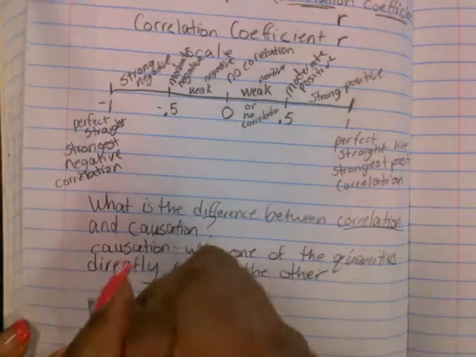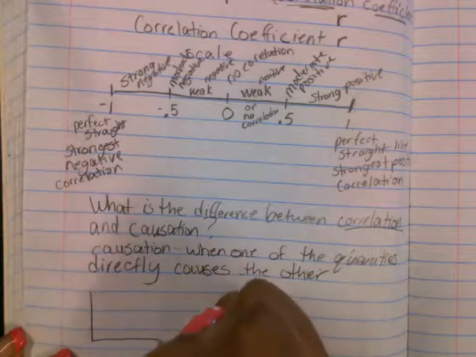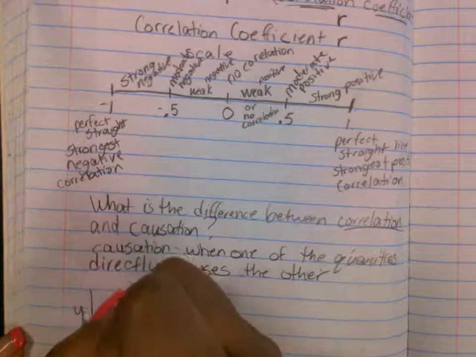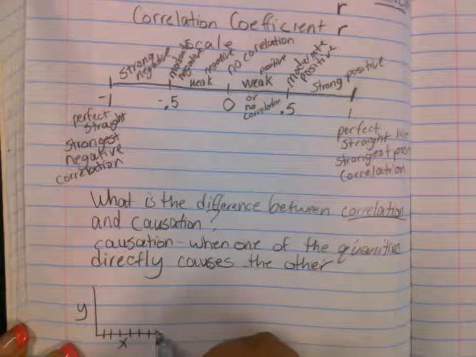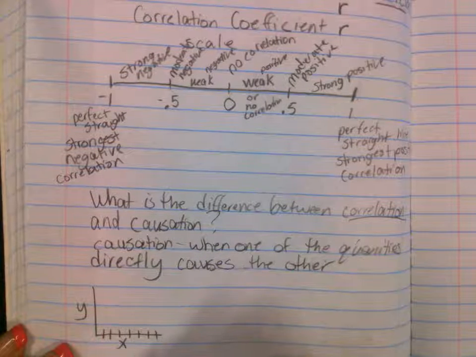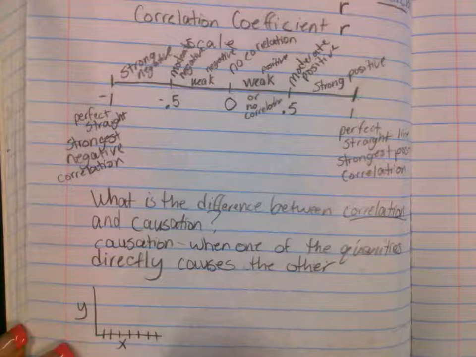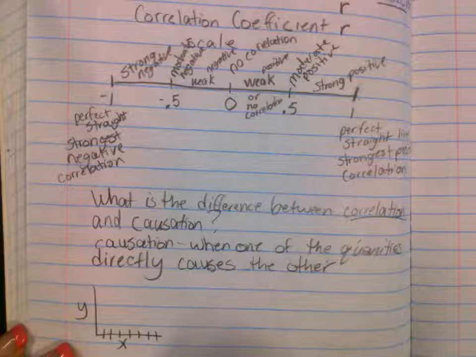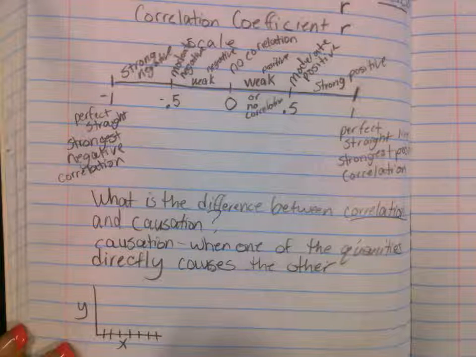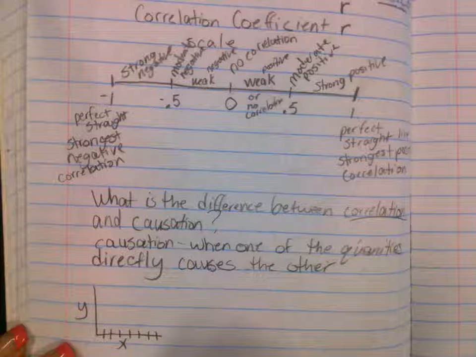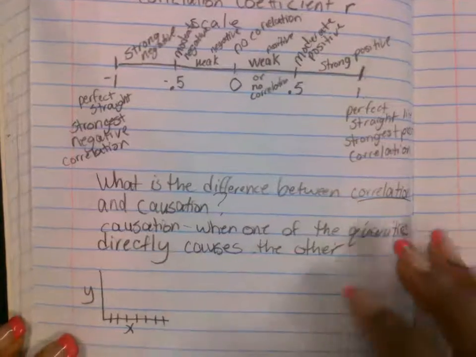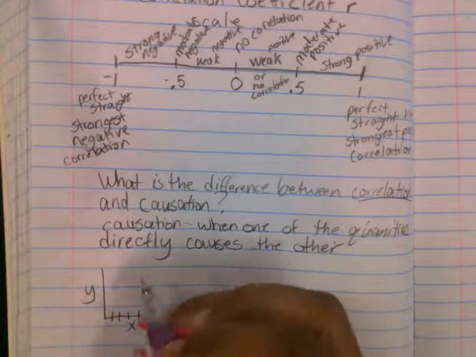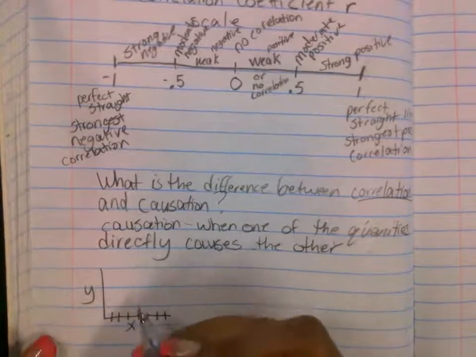All right, so let's look at this one. Let's suppose that you have X and Y. Let's use desserts. I was gonna say something else, but we'll go with the more friendly one.